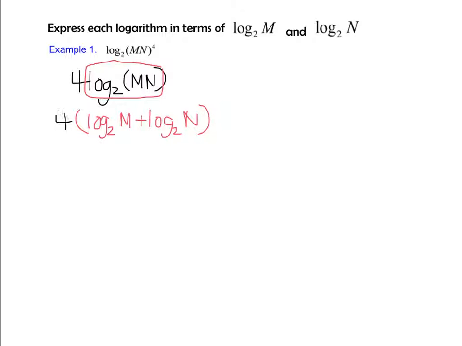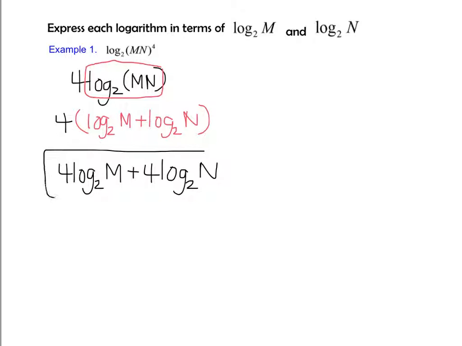And then, not forgetting about that 4, we'll distribute that through. And now we've answered that first question, which is to write it in terms of log base 2 of m and log base 2 of n. We've expanded it.